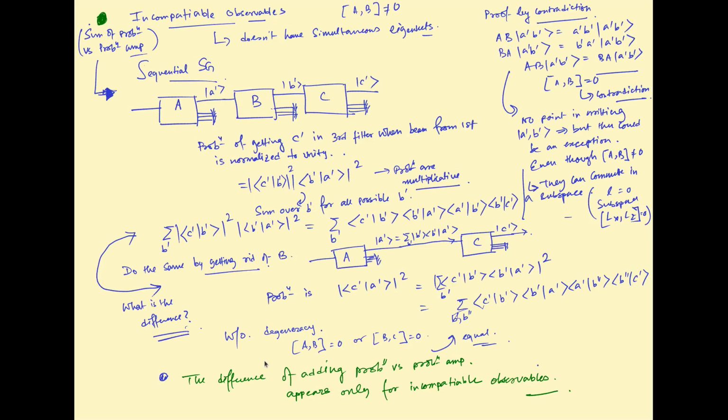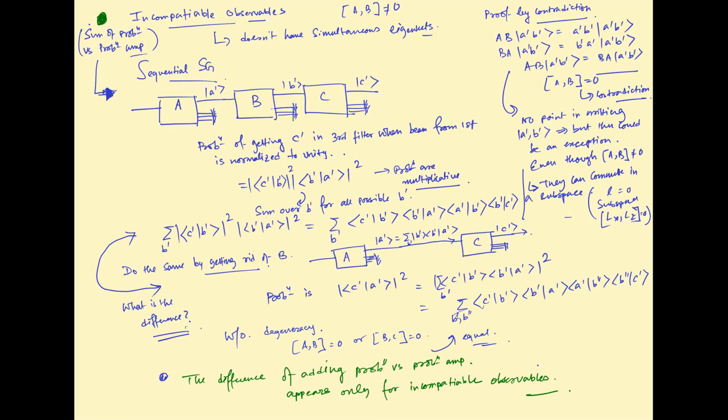Okay. Now, I will come to the concept of incompatible operators, which are more tricky and give rise to more peculiar phenomena. We have already convinced ourselves how incompatible operators give rise to some peculiar phenomena, so let us go over this once more. Let us first try to prove by contradiction that incompatible operators do not have simultaneous eigenkets.